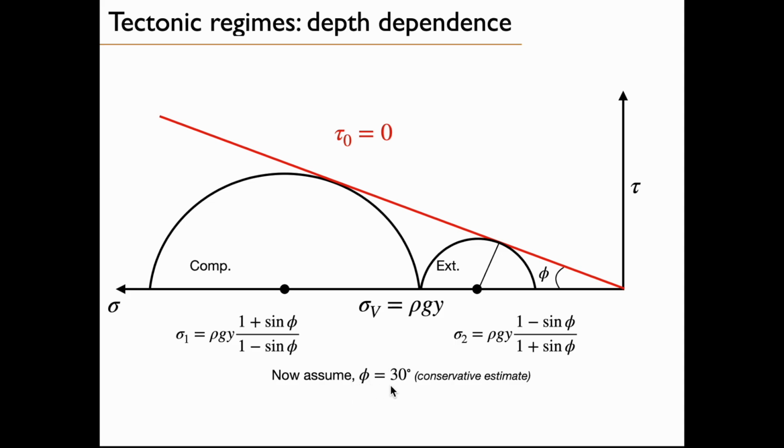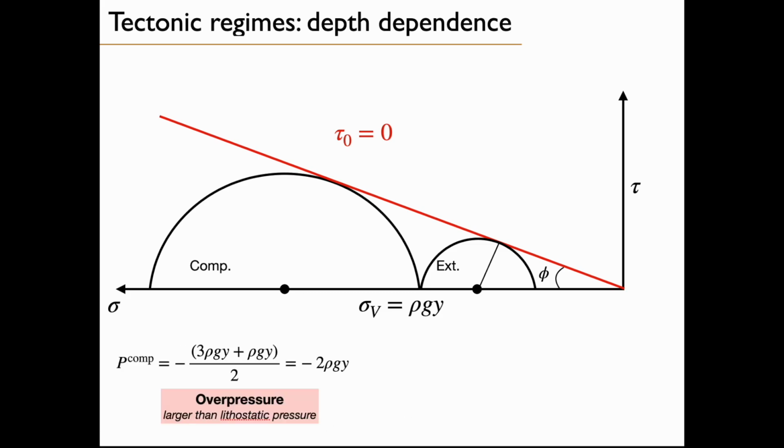Now let's assume that phi is 30 degrees. This would simplify things quite a bit. It's a conservative estimate of the friction angle. So let's use 30 degrees. And one obtains that sigma 1 in compression is 3 times rho gy. And sigma 2 in extension is 1/3 of rho gy.